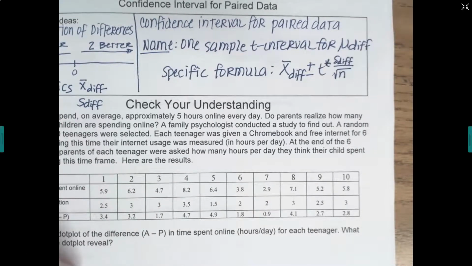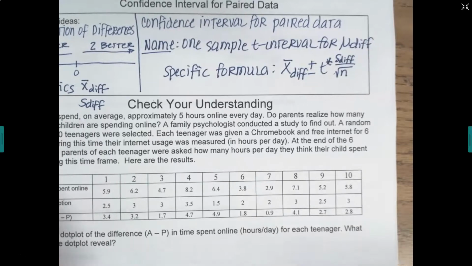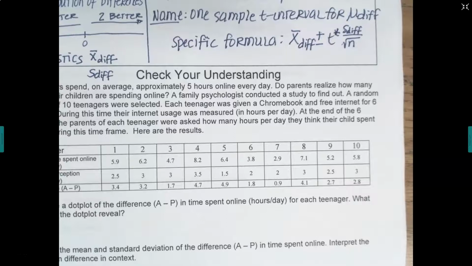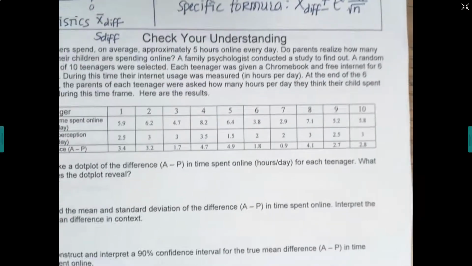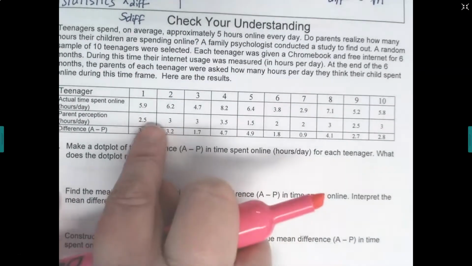All right, so you have this check your understanding. I want you to give it a try. When you're done, check the answer key. If you're not having the same detail of data written down, you might want to adjust how you're doing this. This is just like what we did.